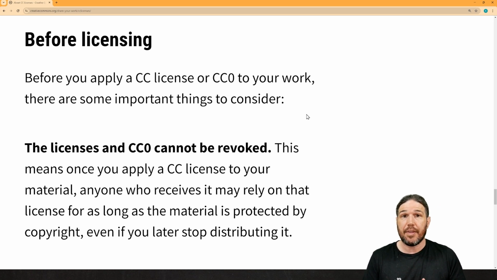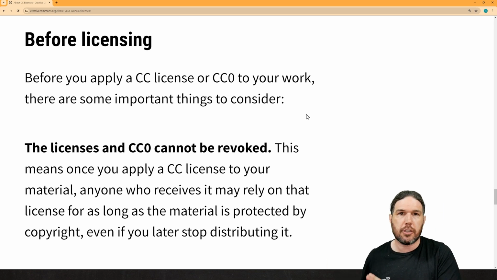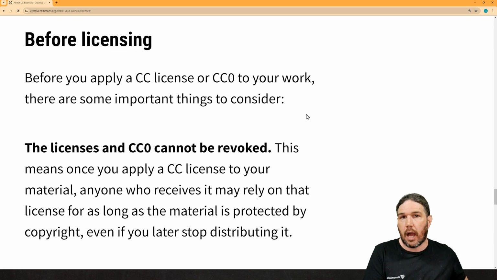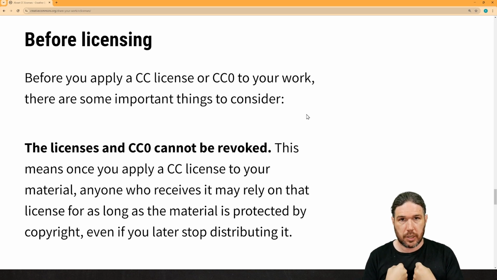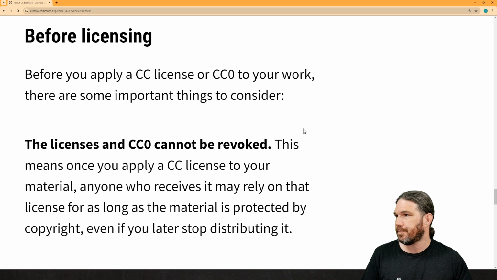In other words, if you put out a Creative Commons license and then you say, no, I've changed my mind, you can't do that unless you fully give up your copyright entirely. So once you put out a Creative Commons license, you are stuck with it unless you want to give up your copyright entirely. You cannot take back the permission that you gave.